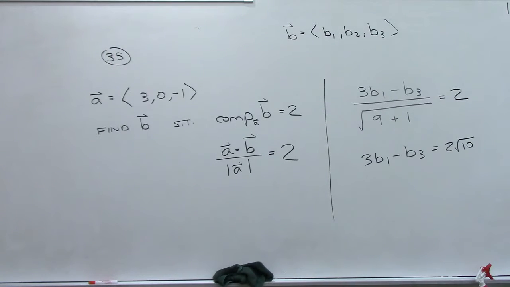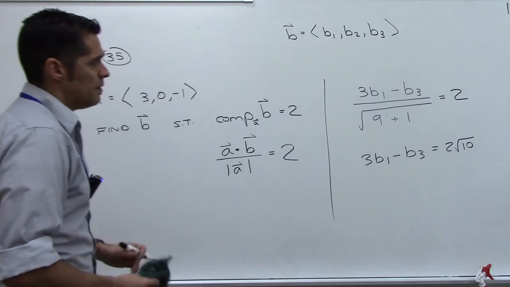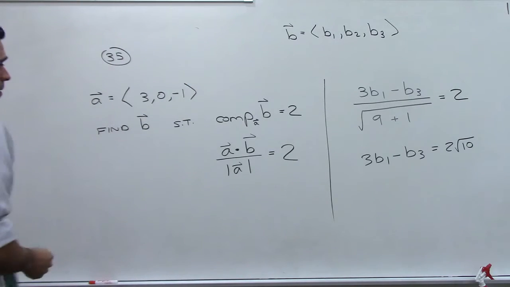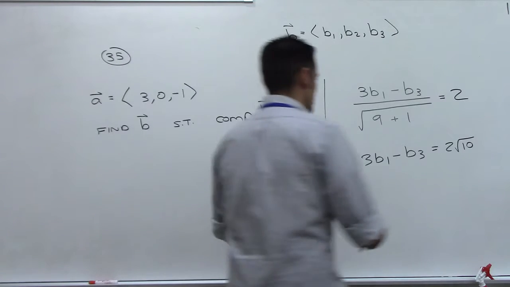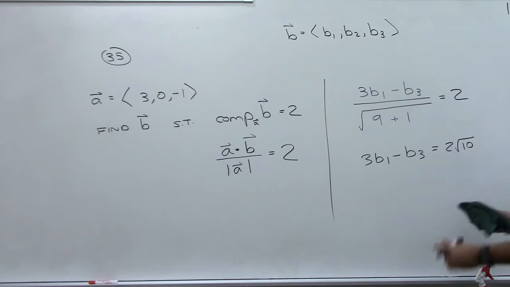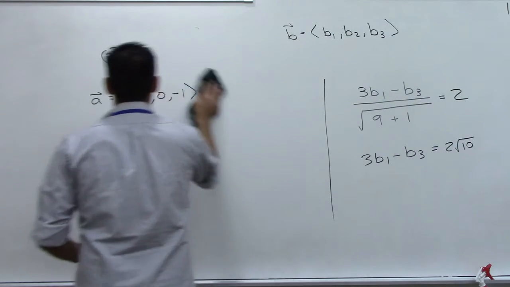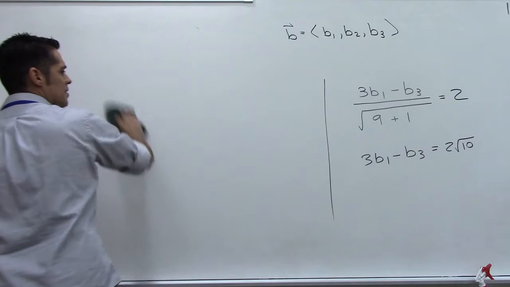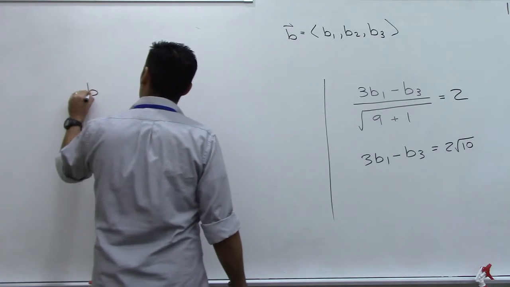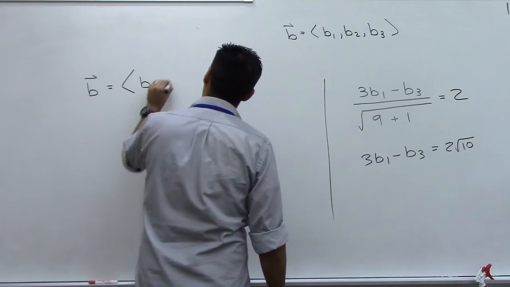That's all. Right now we have a lot of freedom. We need to find a vector that satisfies this, but we have one equation and 3 unknowns, so that means there's an infinite number of solutions. So we know what they need to look like though, right? I have my vector B so far. B1 can be whatever I want.